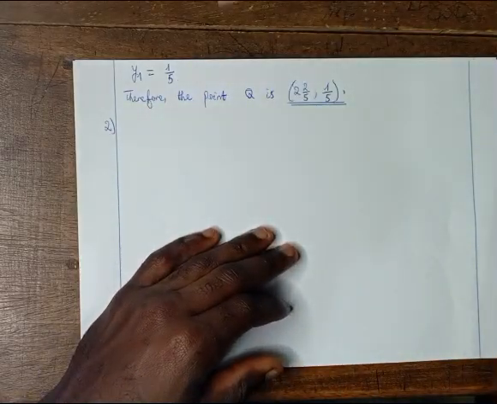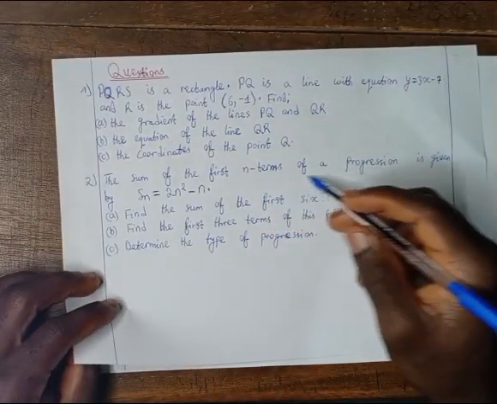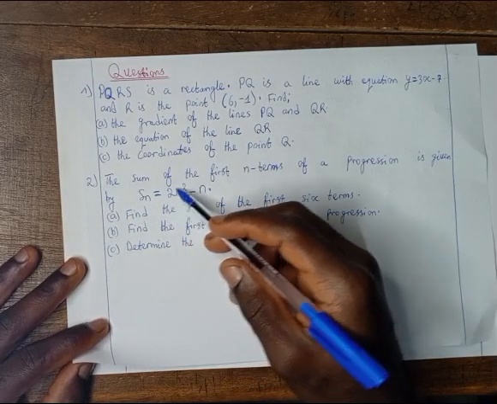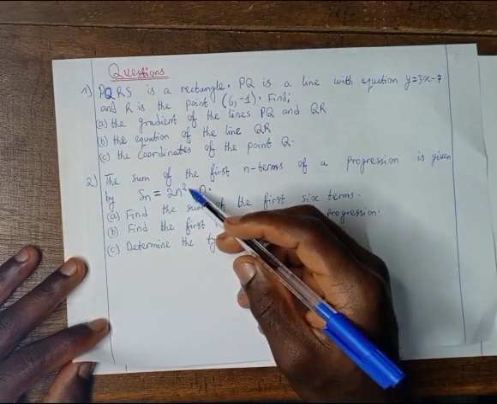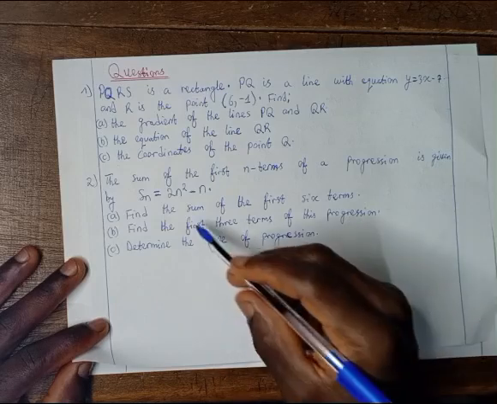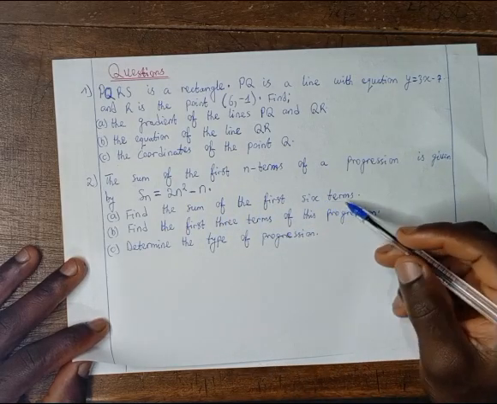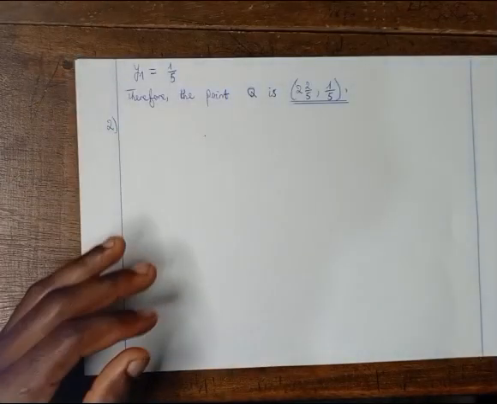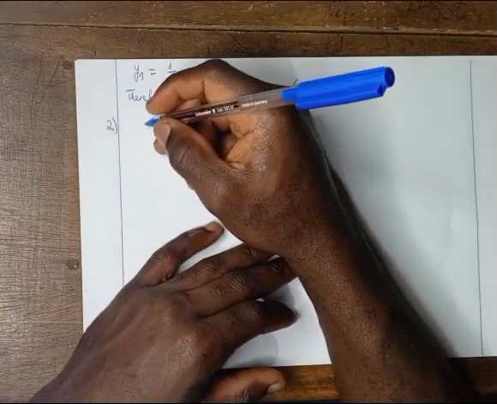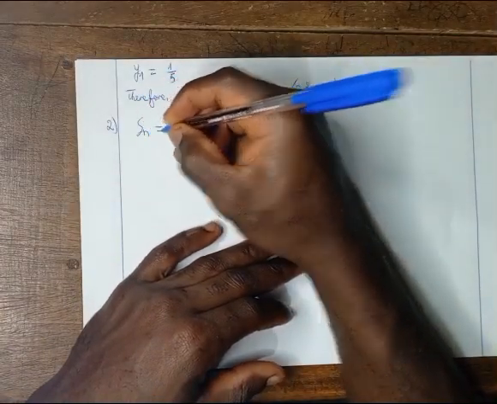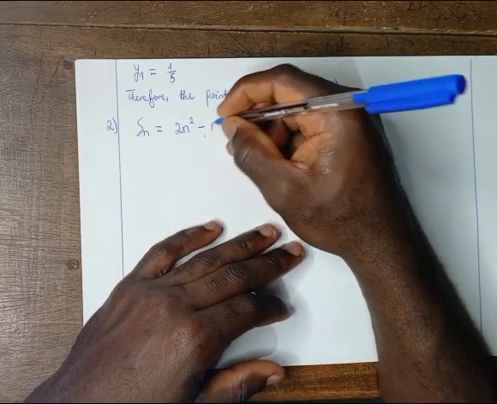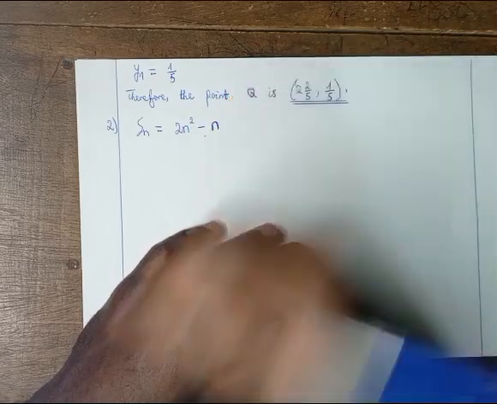Question 2 says the sum of the first n terms of a progression is given by Sn equal to 2n squared minus n. Find the sum of the first 6 terms. We have to find the sum of the first 6 terms. We know the sum of the first n terms is given by 2n squared minus n.